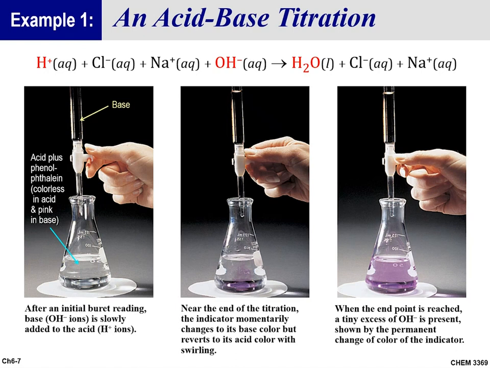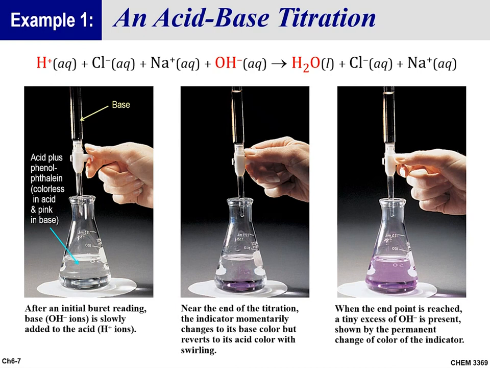For a typical acid-base indicator, this color change occurs over approximately 2 pH units. So the pH of the solution has to change by about 2 in order for us to see the color change.